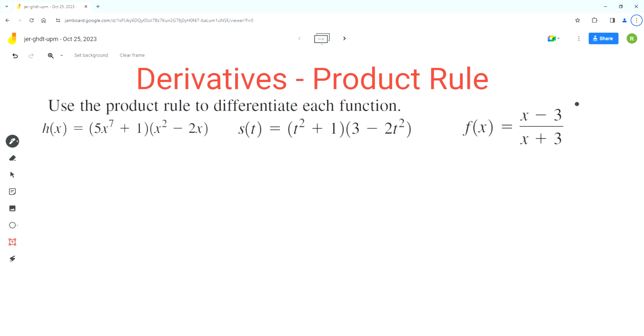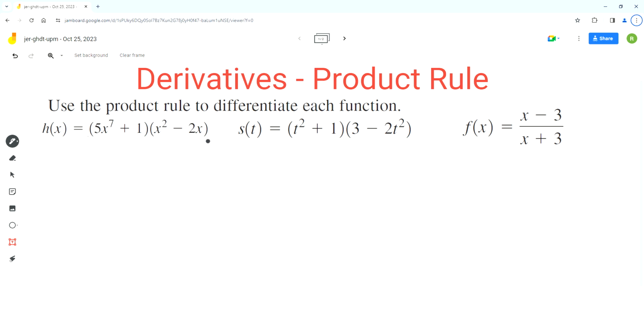So in this video, we'll find the derivative of these functions using the product rule. Now, the product rule is used when a function is made up of two functions being multiplied. So the first function here is h of x equals 5x to the power 7 plus 1 in the first parentheses times x squared minus 2x.